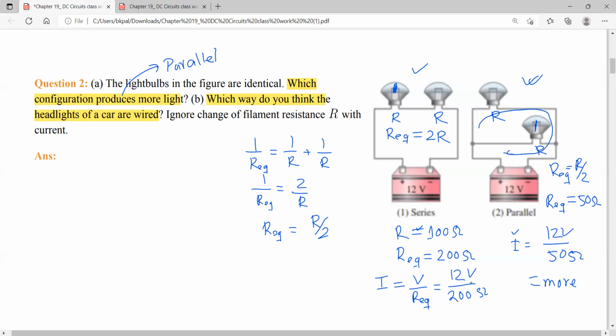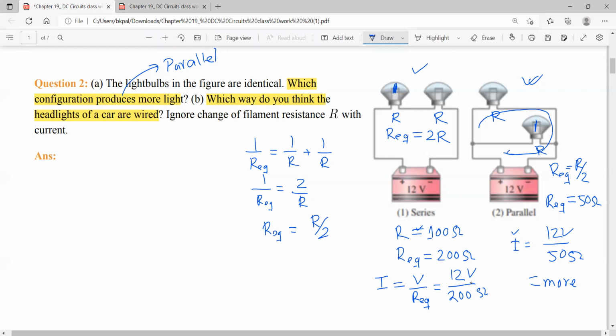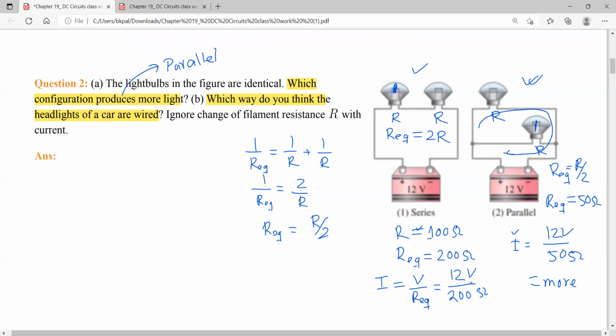So if one is broken, the other will still work. That's why the headlights are connected in parallel. In series, if one is broken, the whole circuit is broken, not a complete path for the current. That's why in car headlights we use the parallel connection.